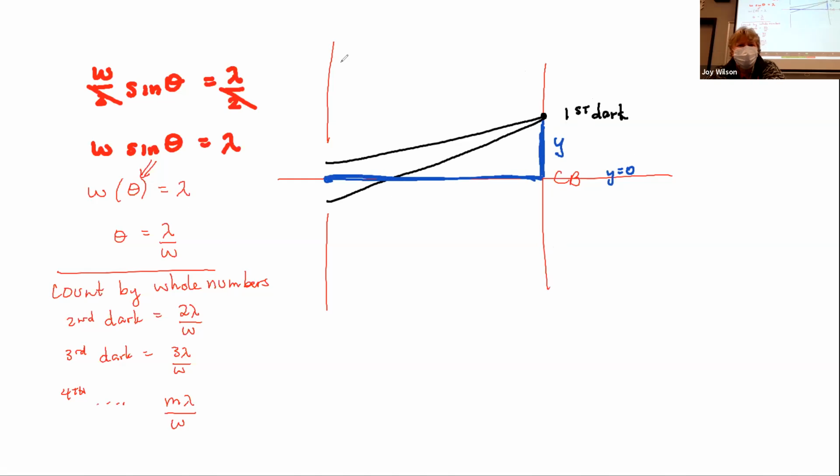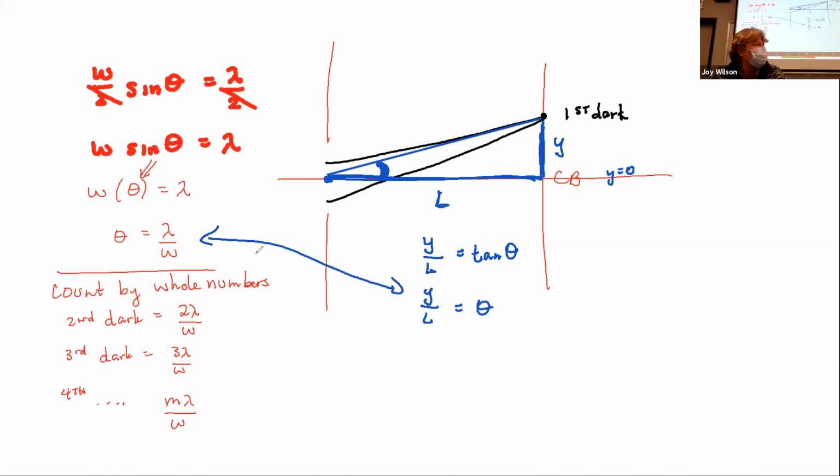So this triangle that we've just made, if you look at your variables, y over L, here's my angle, y over L equals the tangent of the angle. But by this small angle approximation, once again, we get y over L equals theta, which means that you can write your angle in either one of those two ways.